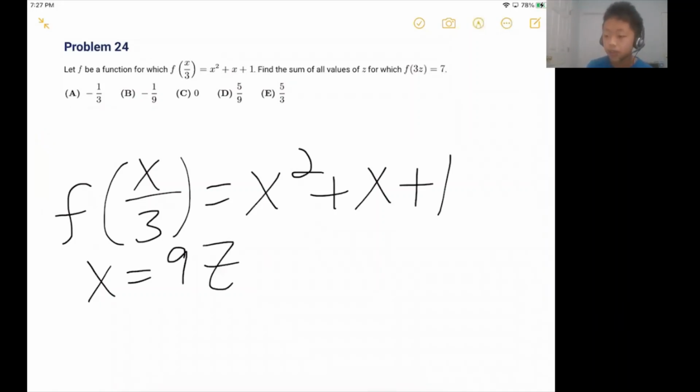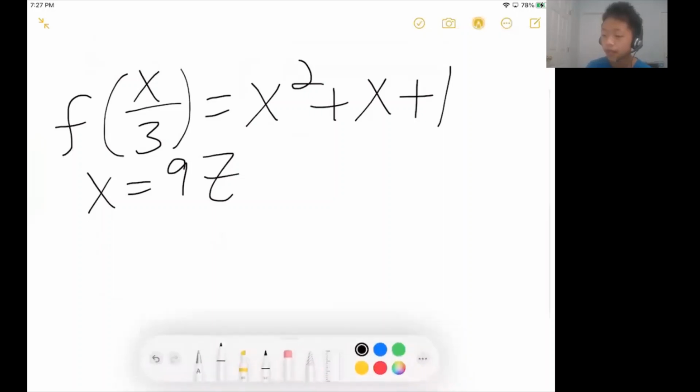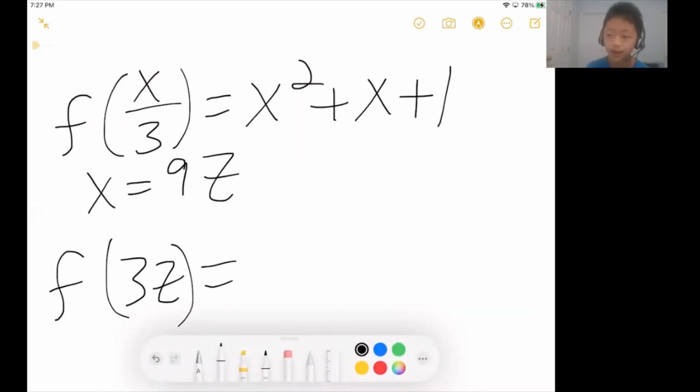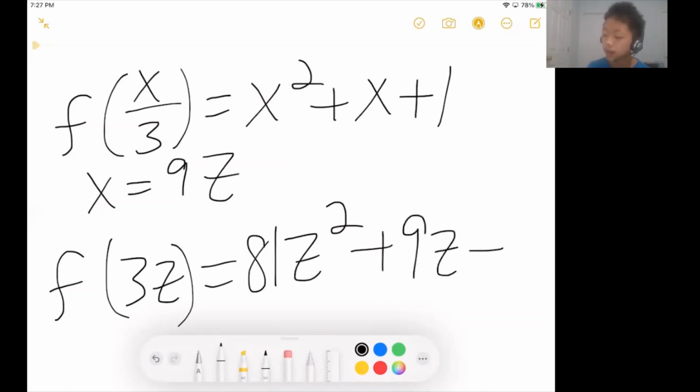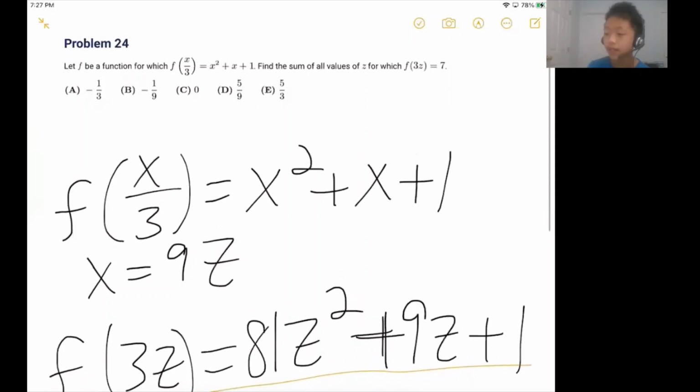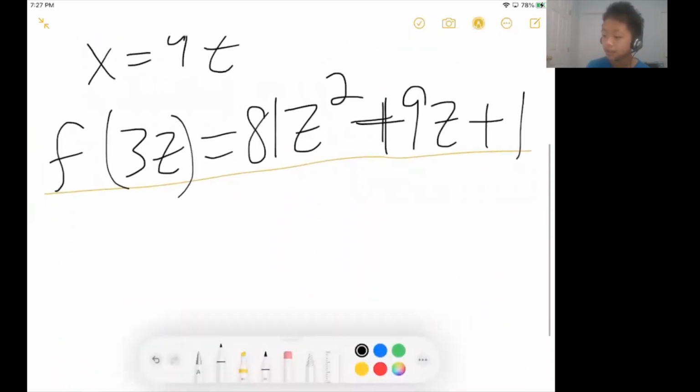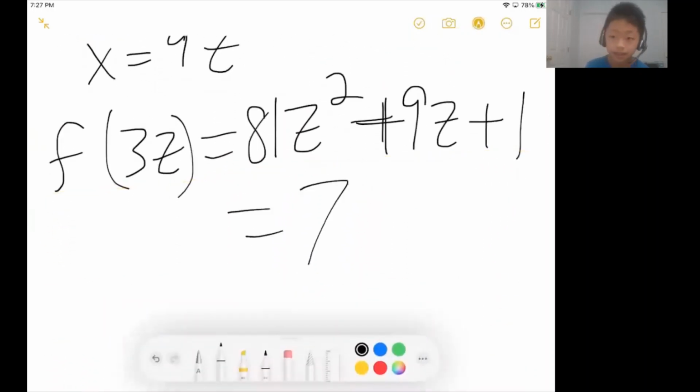So if I plug it in, I get f of 9z divided by 3, which is 3z. And on the right side, I have 9z squared, which is 81z squared, plus x, which is 9z, plus 1. And we want f of 3z to equal 7, so this has to equal 7.